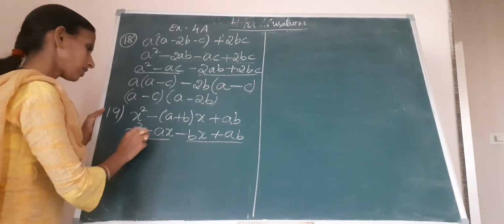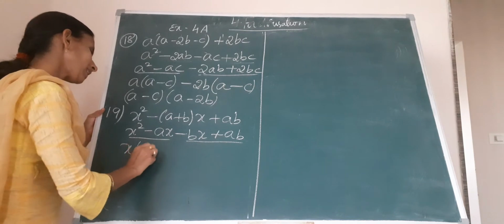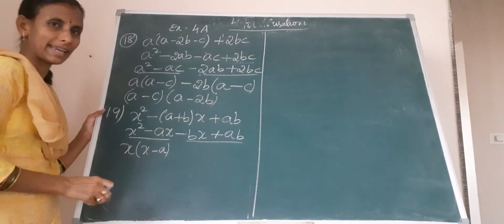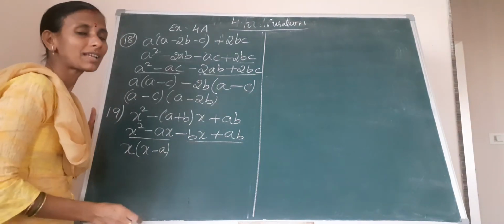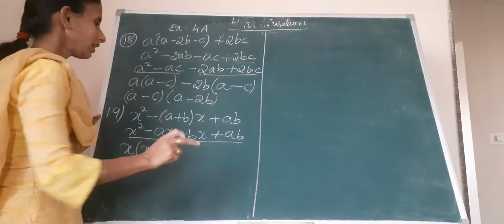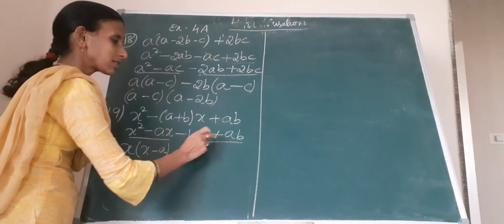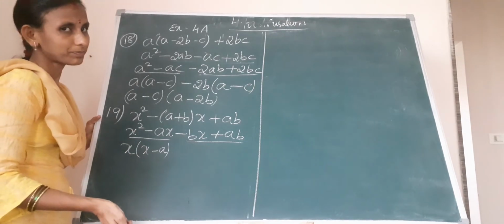Now here, what is common in these two terms? X is common. What is remaining? X minus a. And here b is common in both the terms. Along with that, I am taking minus also as a common. See, if the first one is minus and the next one is plus, we will take minus outside as a common.